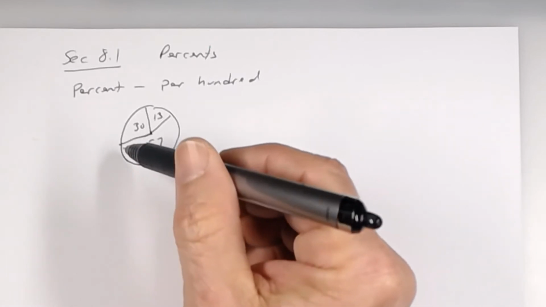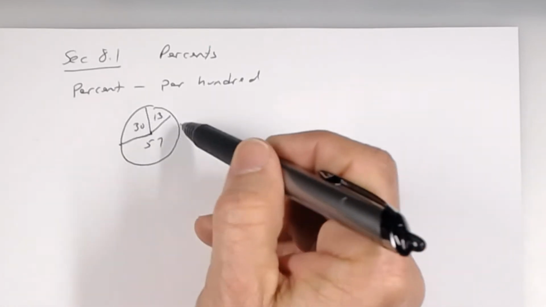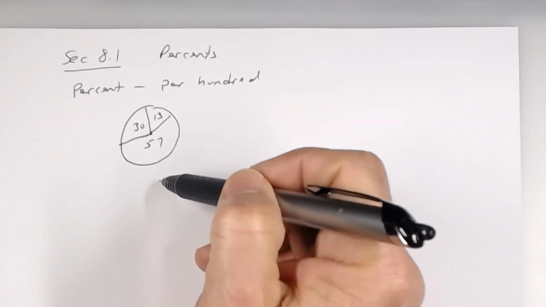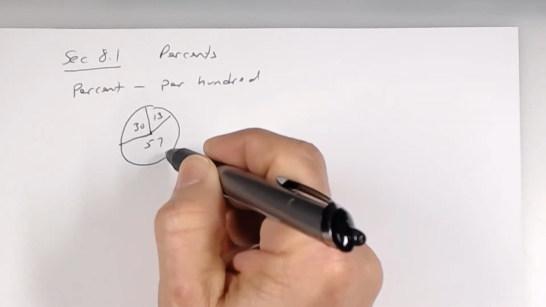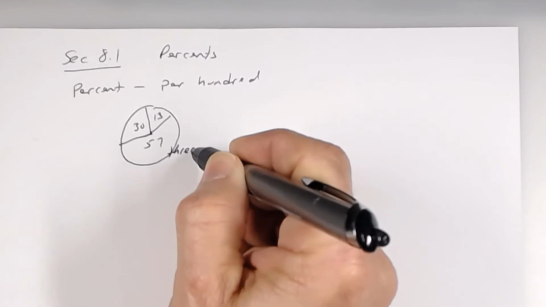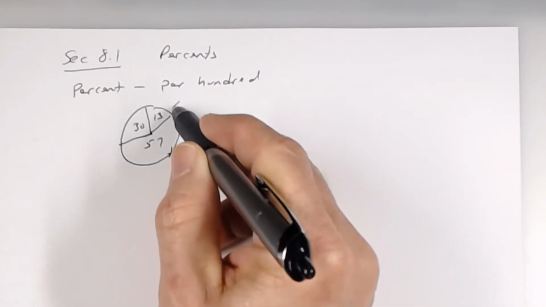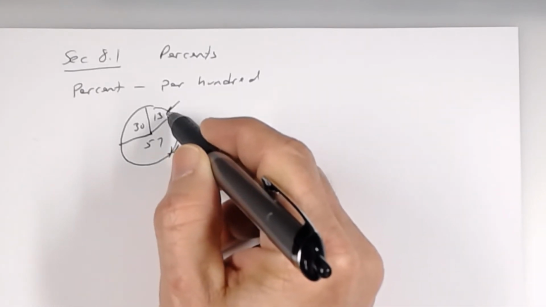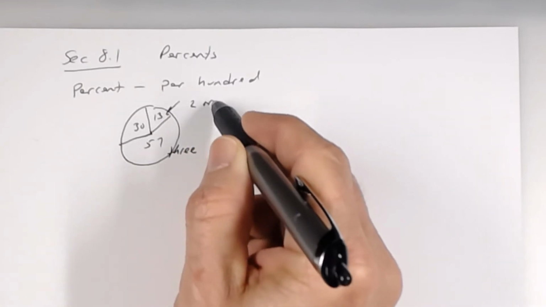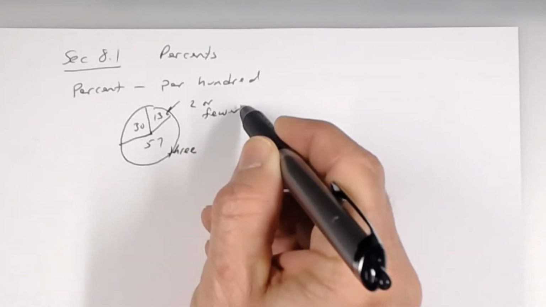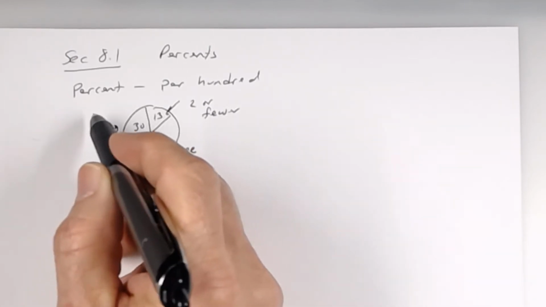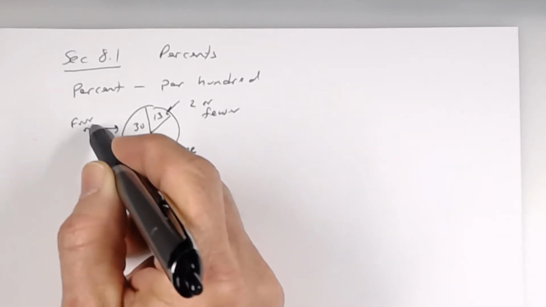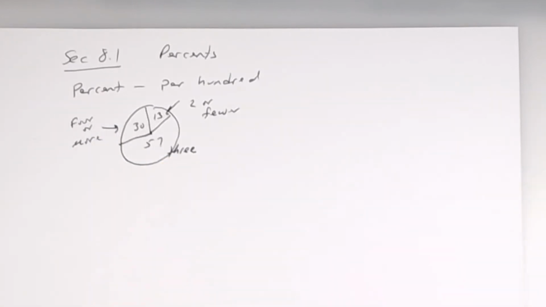So they're saying that out of every 100 single family houses, 57 have how many bedrooms? 3. 13 out of 100 have 2 or fewer bedrooms, and then 30 out of 100 have 4 or more bedrooms.